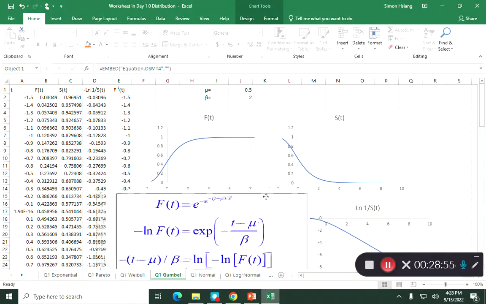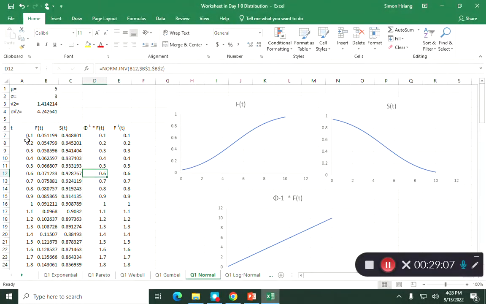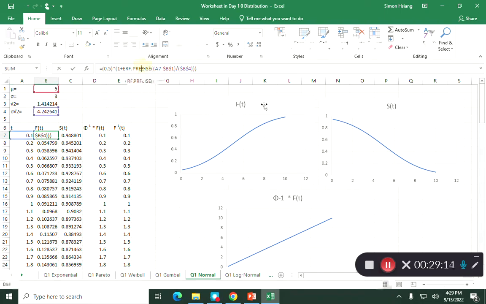I think your homework shouldn't be as hard, since I give you some hints, more than just that one page. Normal distribution: you need to have the t function, and you have to have your ST function, FT function, and you can use the ERF function to get that F inverse done.